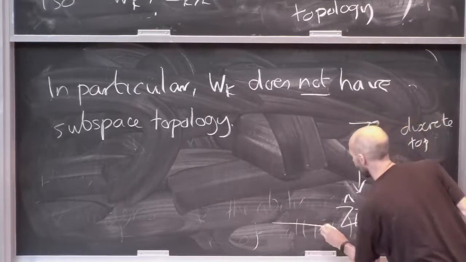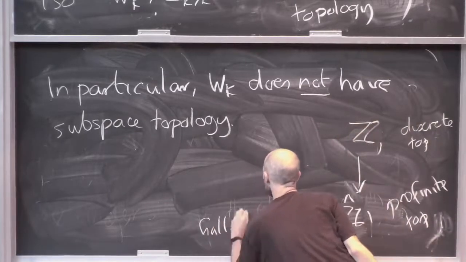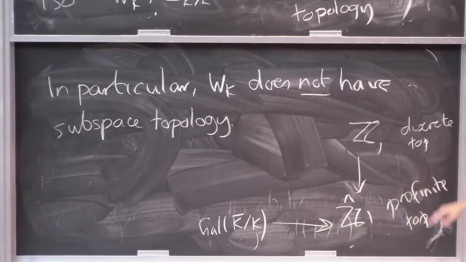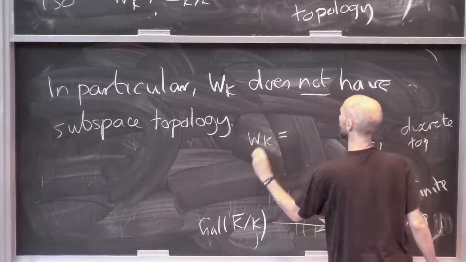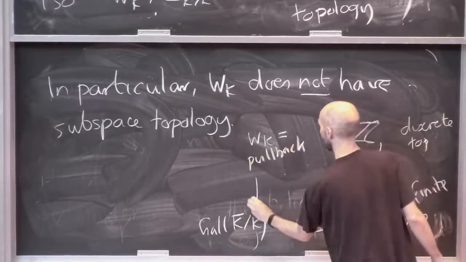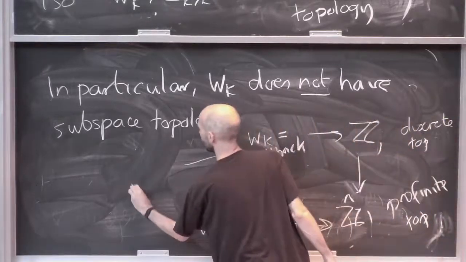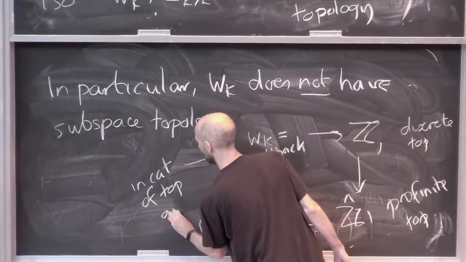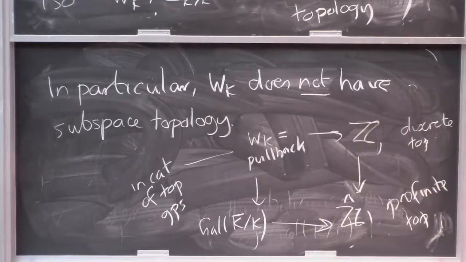And then I have this group, Gal(K bar over K), and that's continuous as well. And W_K is the pullback in the category of topological groups. I don't know if that helps, but that's what's going on.